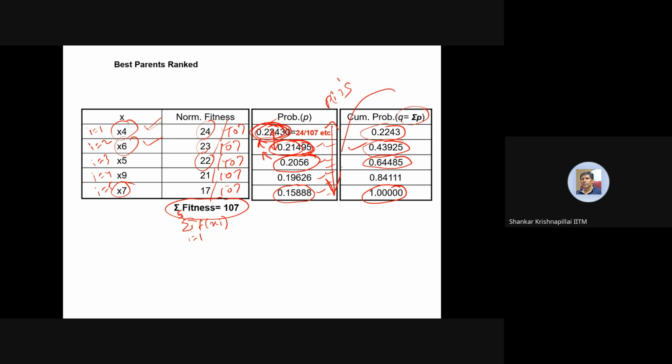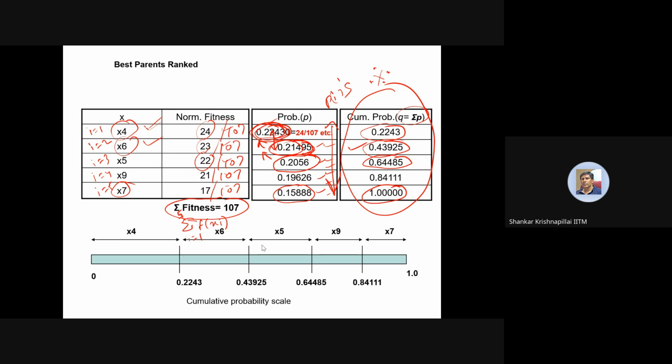So what is the purpose of finding cumulative probability? This is highly important for randomly selecting two parents based on some consideration of their relative fitness.